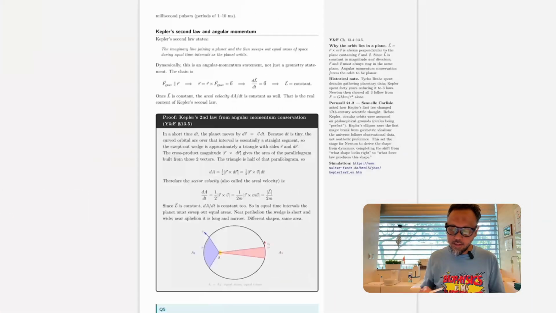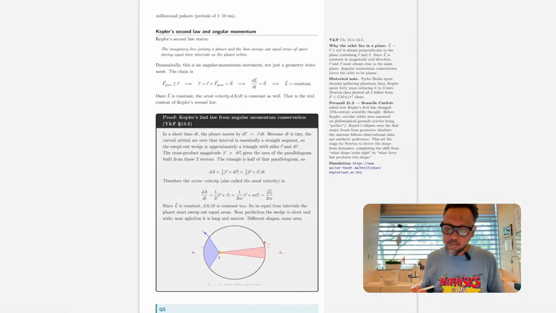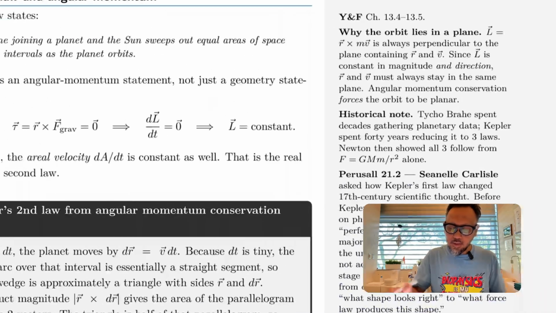I wrote it here. This person here, Tycho Brahe, spent decades gathering planetary data. Kepler spent 40 years reducing it to 3 laws. So it's quite an amazing story.